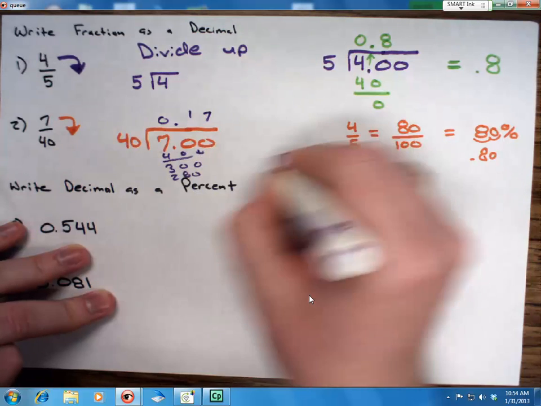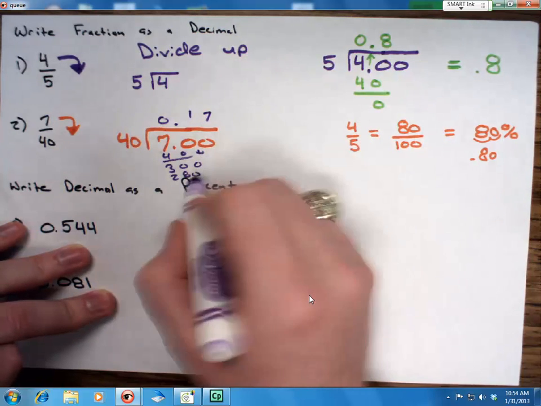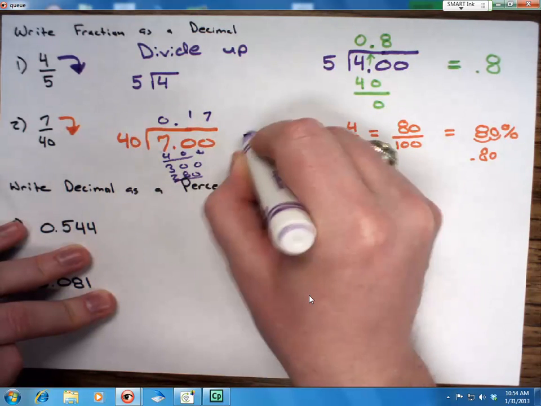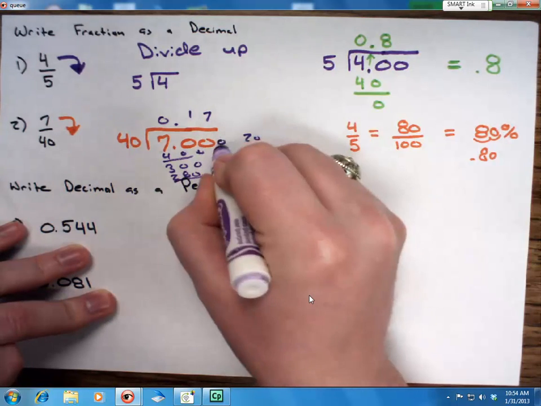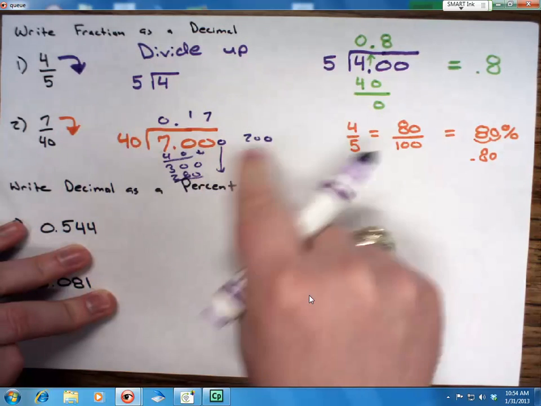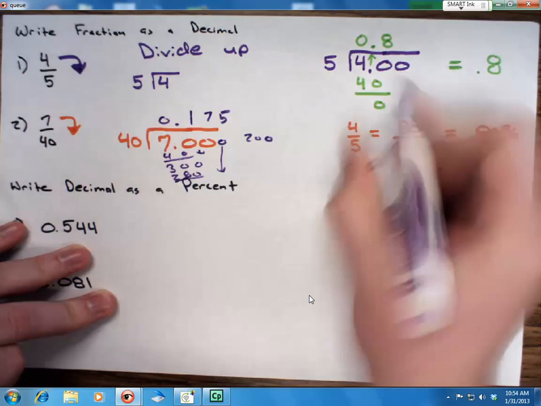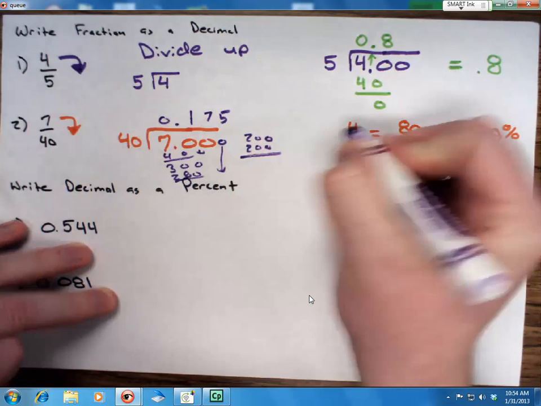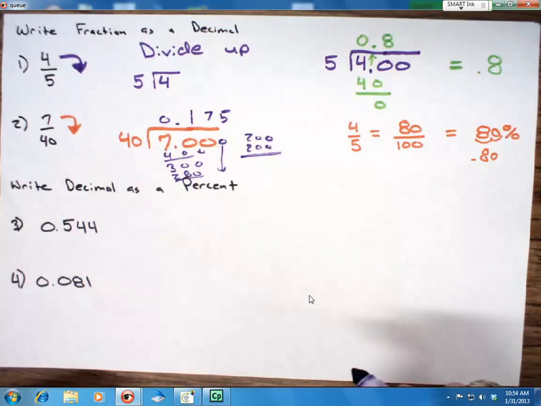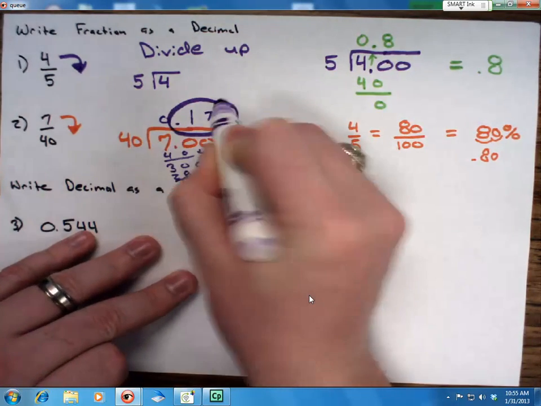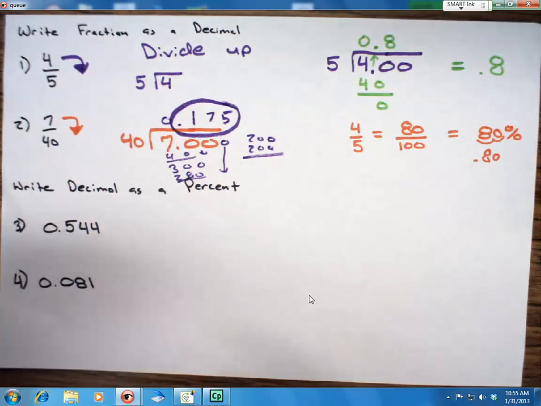Which gives me a leftover of, good gosh, I'll go ahead and put my leftover up here, which is going to give me a leftover of 20. So I'll add another 0 and drop it down. So then I have 200. 40 goes into 200 5 times. Okay, which actually gives me 200. And I'm done with that. So my answer for that one's actually going to be 0.175. Okay, that's how we convert a fraction to a decimal.